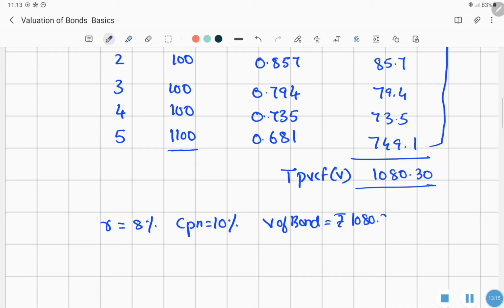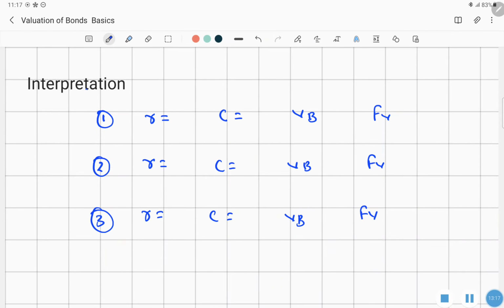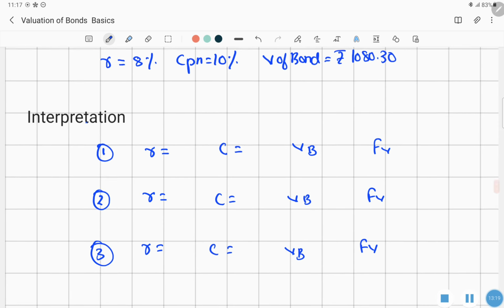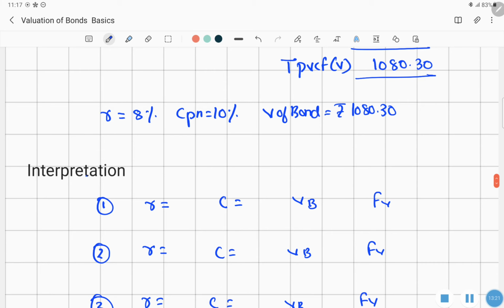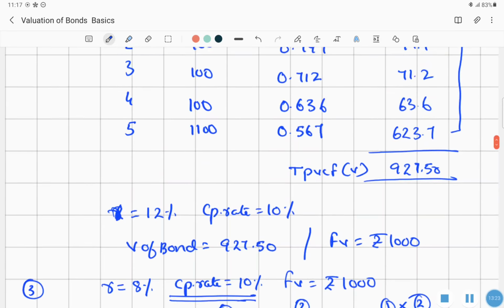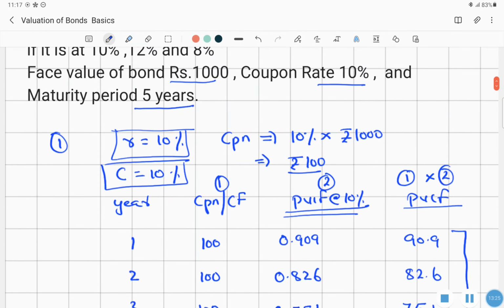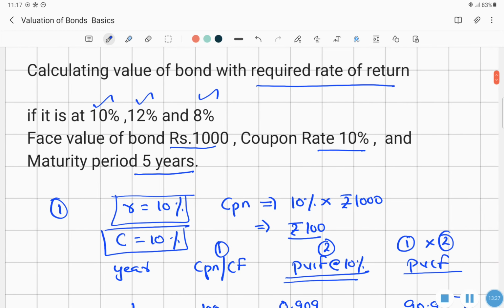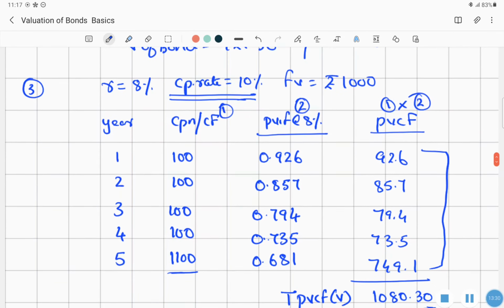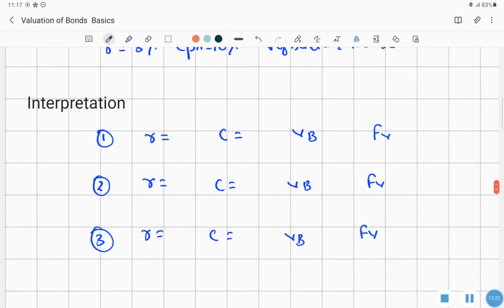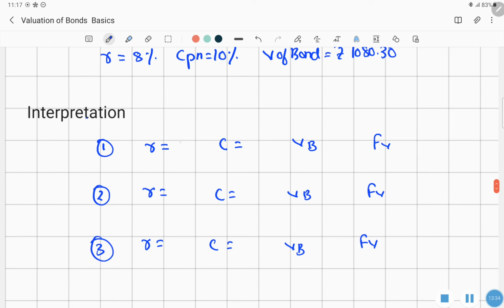After calculating the above three situations of the various required rate of return, that is 10%, 12%, and 8%, we will do the overall interpretation. So we have the required rate of return of 10%, then we have calculated on 12% required rate of return, then the required rate of return of 8% to find the value of the bond.